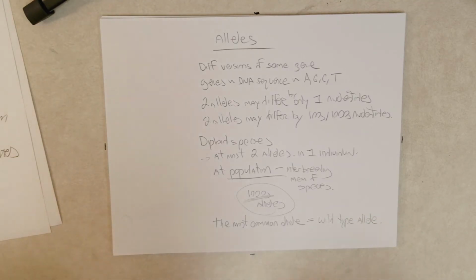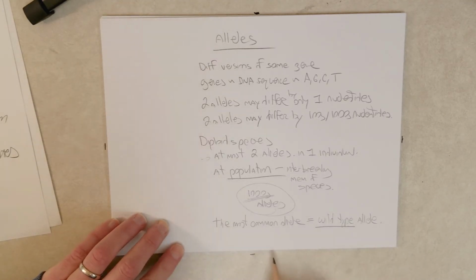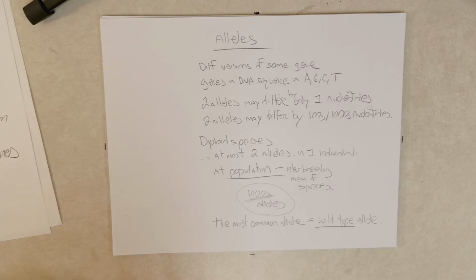And typically the wild type allele is associated with the normal or the most common phenotype of the species.